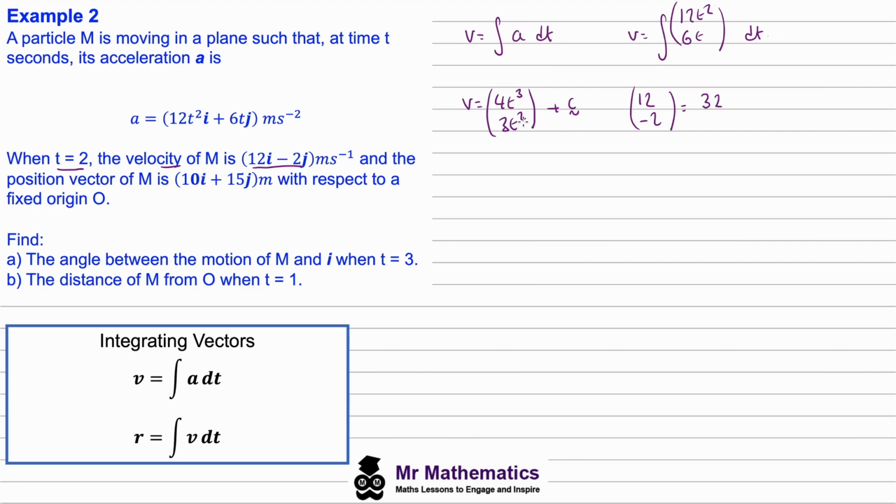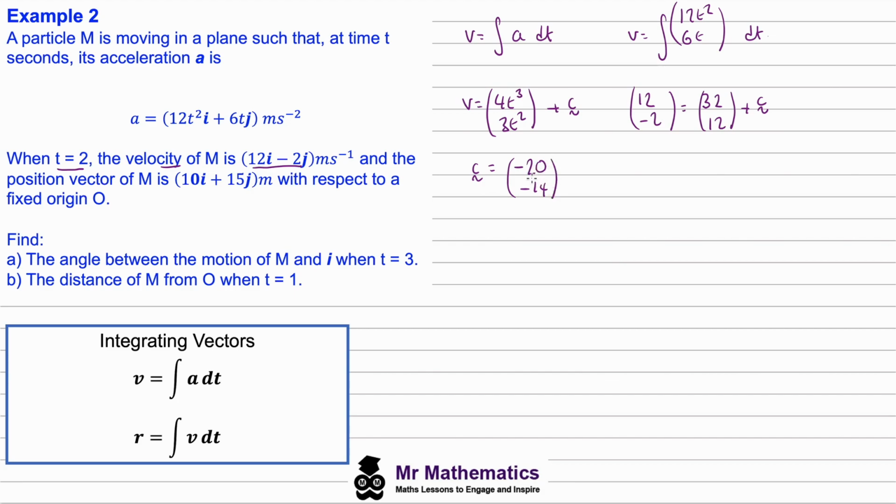And then 2 squared is 4, times that by 3 and we get 12. Plus the constant. So if we move this 32, 12 to the left-hand side, we know the constant will be 12 minus 32, so negative 20, and negative 2 minus the 12, so negative 14.